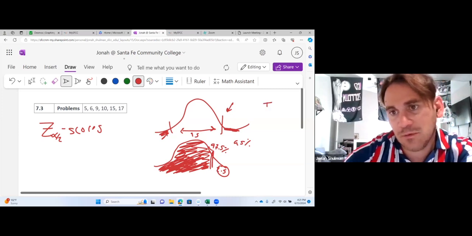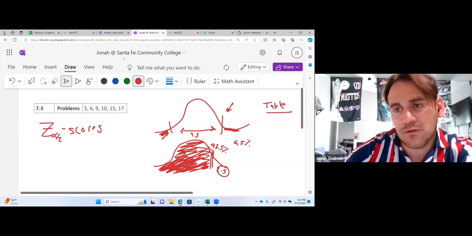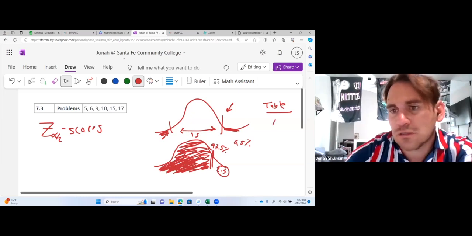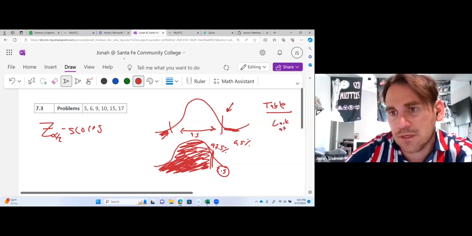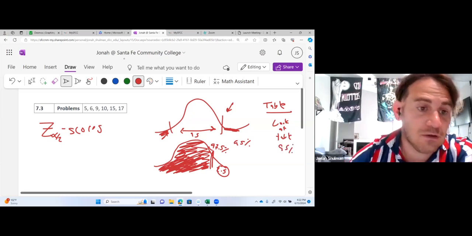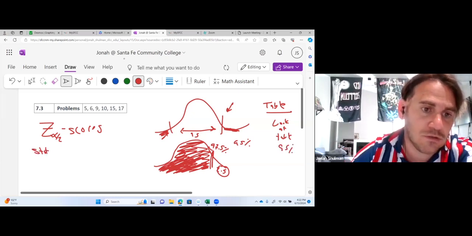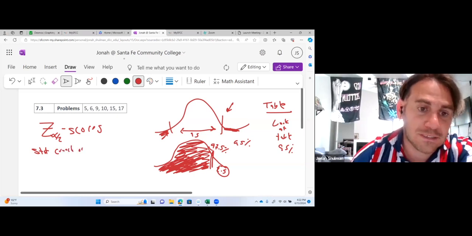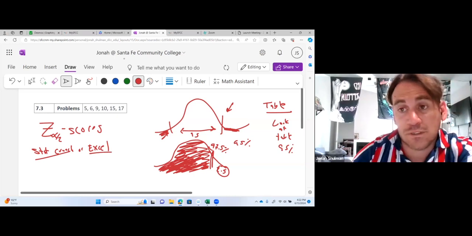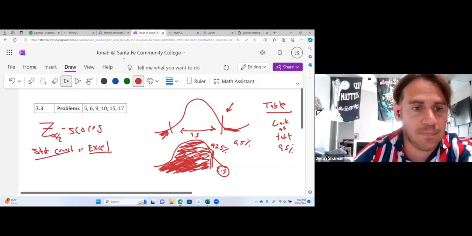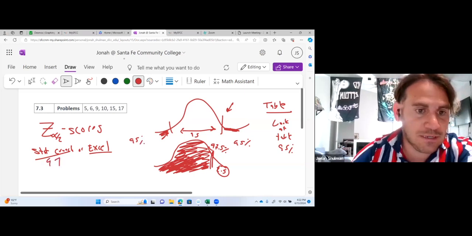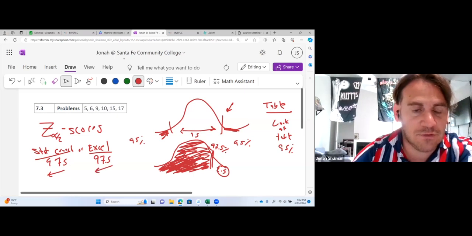Now, if you're using the table, guess what? You don't have to worry about that mistake. You just look at the table at 95%. However, if you're using technology, whether it is StatCrunch or Excel, the 95% is really what? 97.5 to the left.